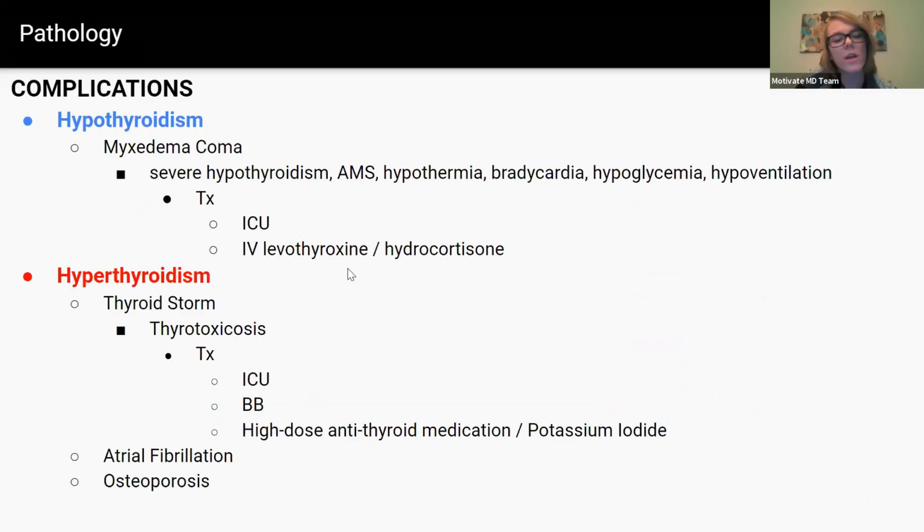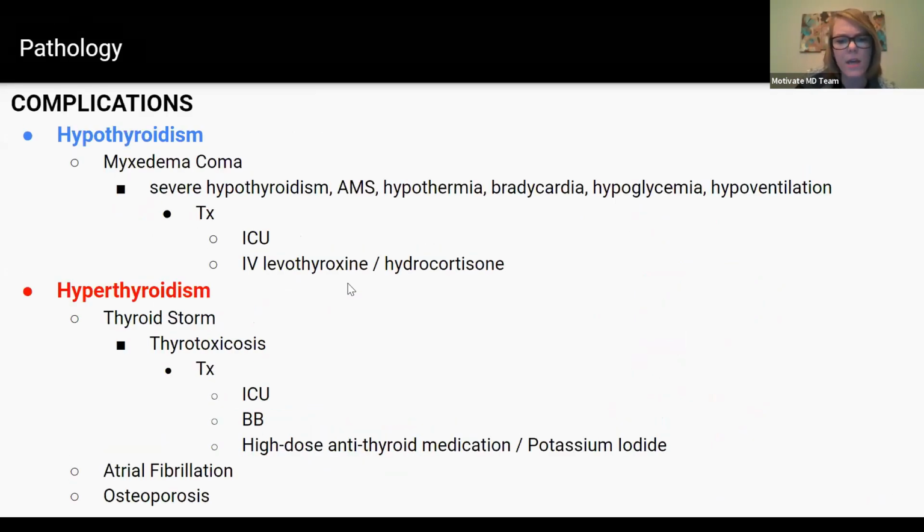All right, I kind of alluded to this a little bit before, but we'll talk about it again briefly. Myxedema coma is the risk associated with untreated severe hypothyroidism. You're going to see these people very, very sick. They're going to have altered mental status, they're going to be lethargic, they probably won't be communicative with you.